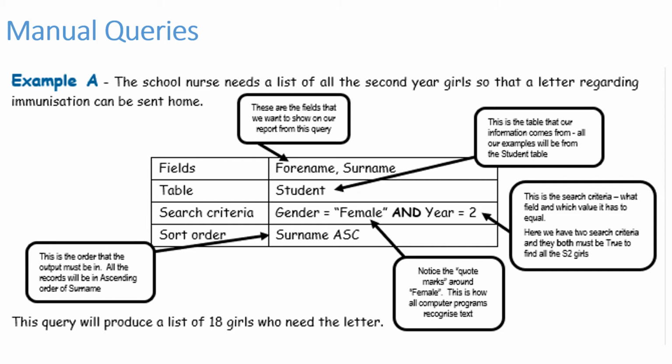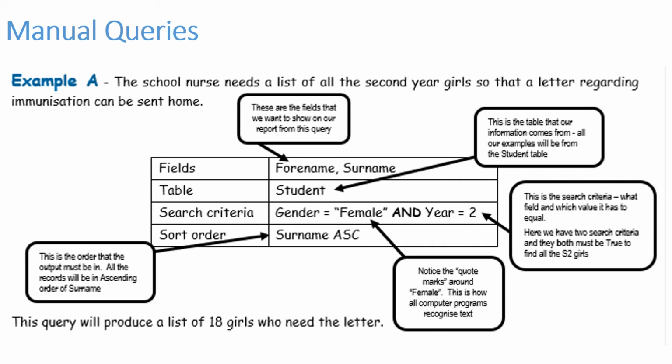In this example, the year is obviously S1, S2, S3, S4, whatever year we're searching for. The table only holds S1 and S2 girls and boys, so the year is equal to 2. Okay, what we're then looking for here, if we were just to run this query, it's going to return the first name and surname of all girls in second year.